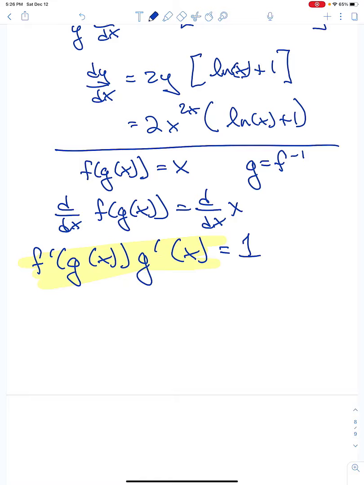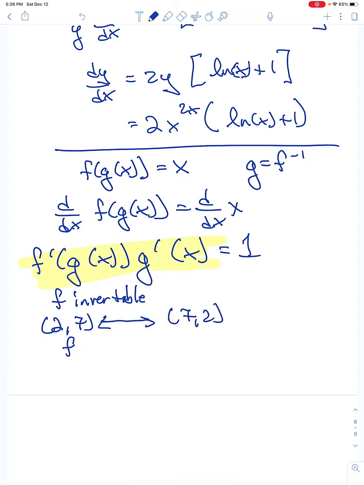So if you know that f is invertible, and you know that (2, 7) is a point on f, that only happens if (7, 2) is a point on its inverse.